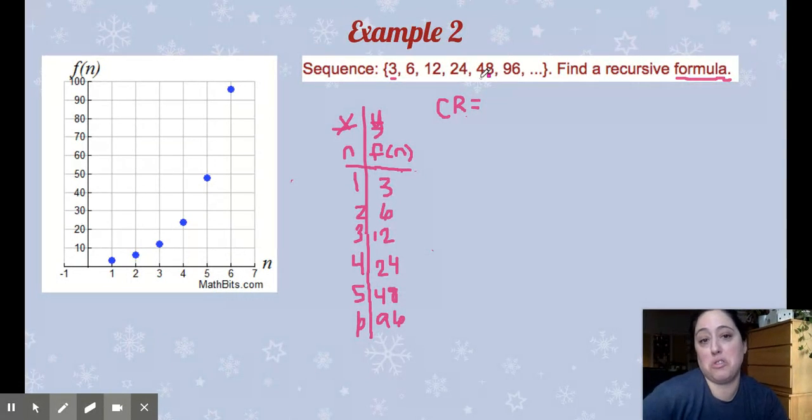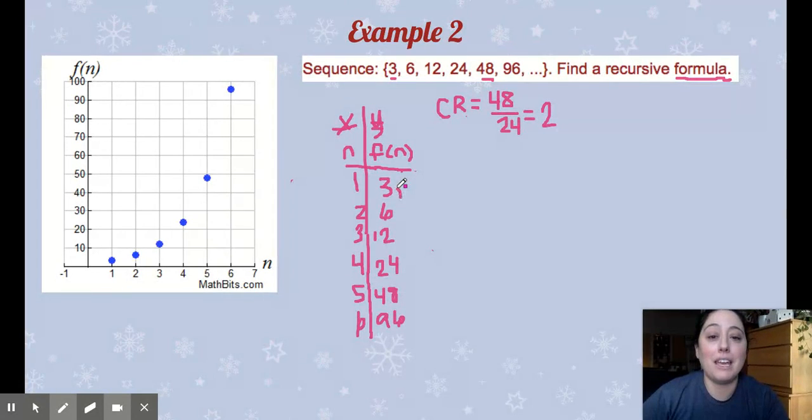So let me just choose 48 and divide it by the previous term. And its previous term is 24. Okay, so I could have chosen 96 and divided it by 48. I could have chosen 12 and divided it by 6. Okay, so 48 divided by 24 is 2.